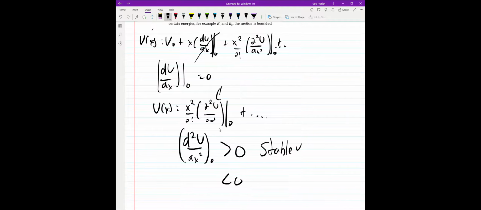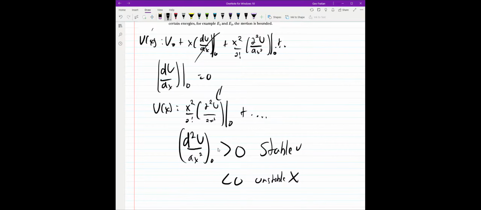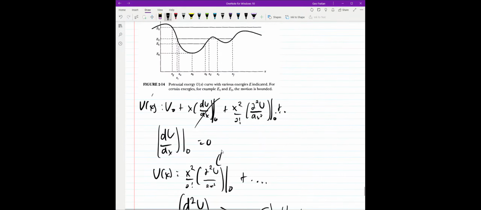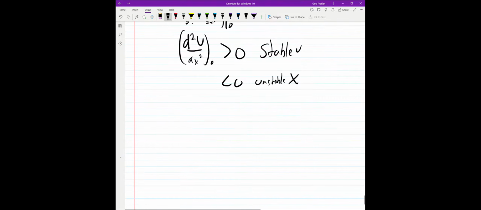If it's less than 0, unstable. And we can actually see this immediately from the graph. The second derivative tells us concavity. If it's greater than 0, boom, we're here, it's stable, like right here. If it's less than 0, unstable, because of the concavity. So you want to basically stay in that well.